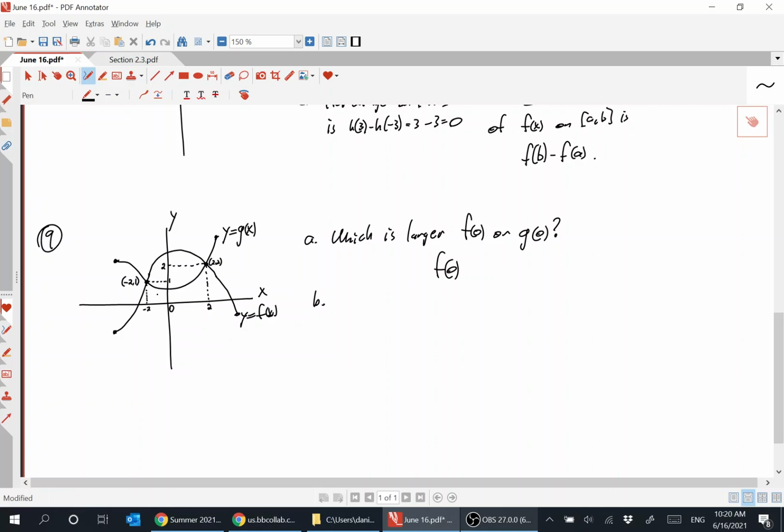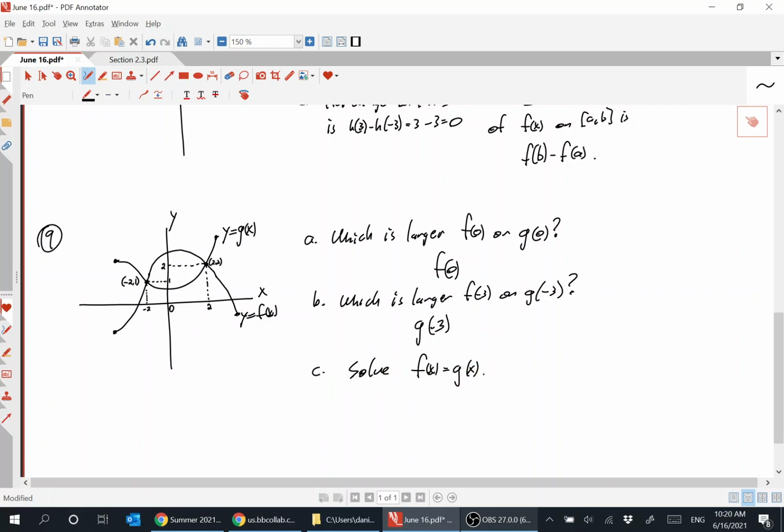Which is larger, f of -3 or g of -3? Well, -3 is right there, and you see that g is above f. Solve f of x equal to g of x.